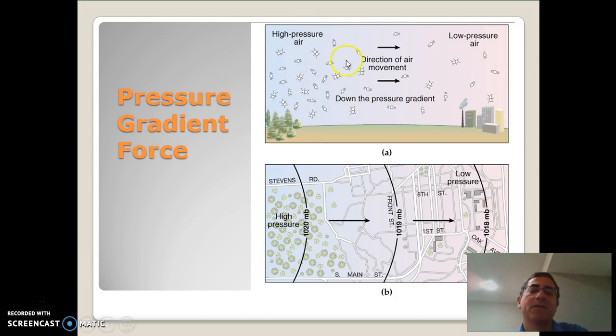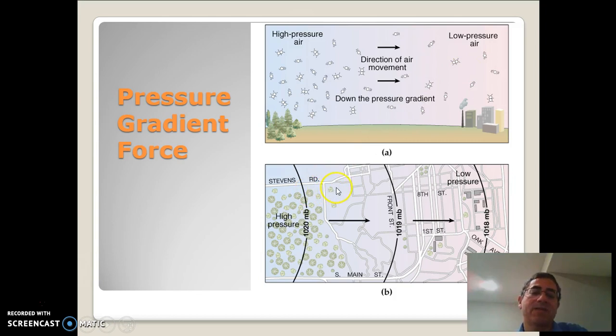On this side, we see high air pressure. All these molecules, these are air molecules, are bunched up together and pushing against each other, pushing the wind or the air in this direction towards the low pressure area.